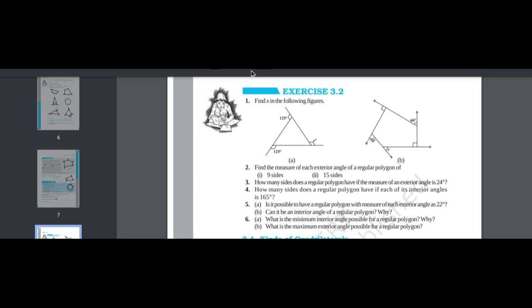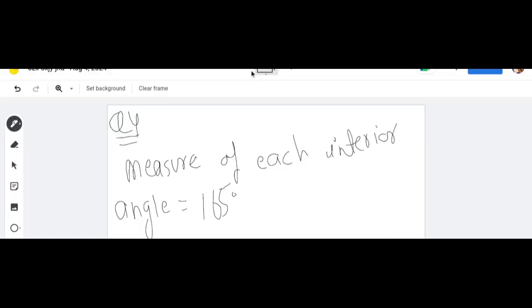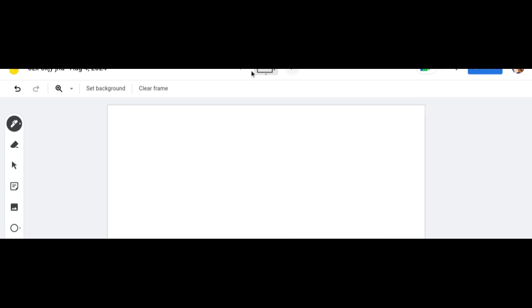They have told us the interior angle of the polygon is equal to 165. So we have to find the measure of each exterior angle. They don't give us the value of the exterior angle, we have to find it on our own. So this is the best trick. If we have to find the exterior angle with the given interior angle, we simply subtract: the exterior angle is 180 minus 165.